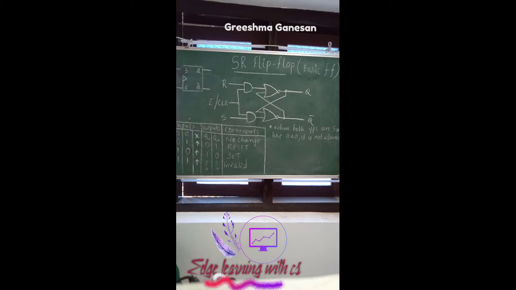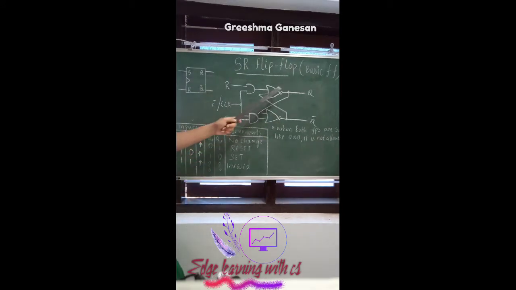But in the diagram you can see only two. Why is this? Actually this is your clock pulse. The inputs pass to the AND gates, and after that they move to the NOR gates, and inside the NOR gates we take the memory part of the previous state. We take the previously saved memory elements into the NOR gate and form a proper output.